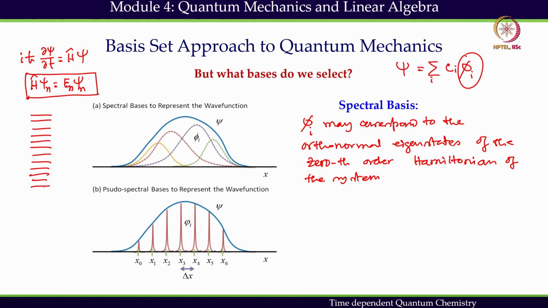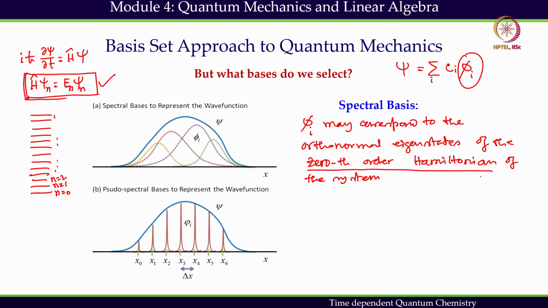Just like if you think about the particle in a one dimensional box, we solve this time independent Schrodinger equation and we get the n equals 0 state, n equals 1 state, n equals 2 state, like this way. Each one represents an eigenstate of this Schrodinger equation, and that is what we call the zeroth order Hamiltonian.